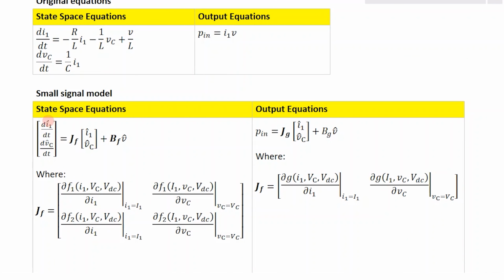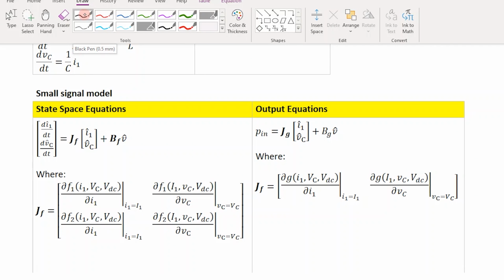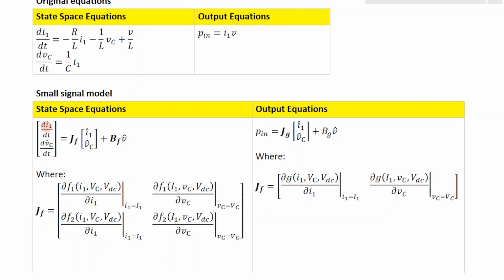So the hatted quantities mean perturbations with respect to the operating point. So you have some DC current, and this is, you know, plus minus 0.1 milliamps or something like this, and your actual DC value would be some other value. And this also is a perturbation with respect to the DC operating point.